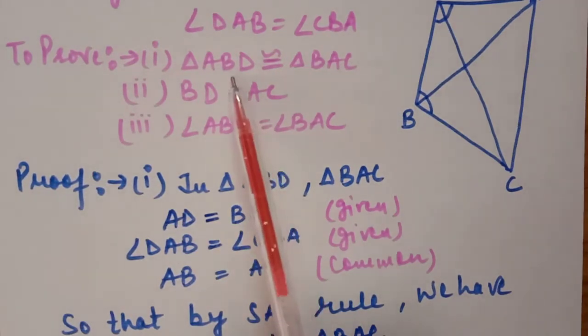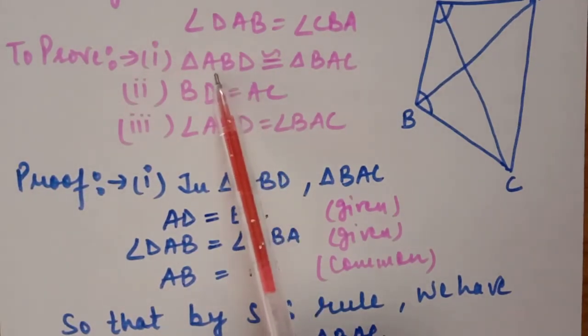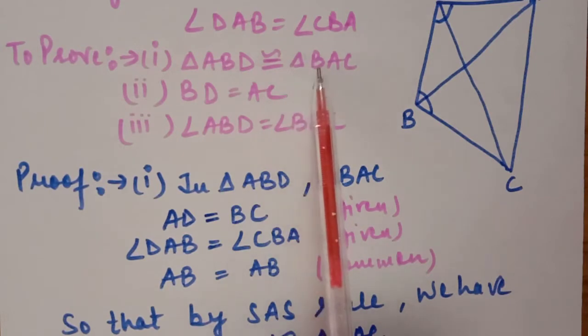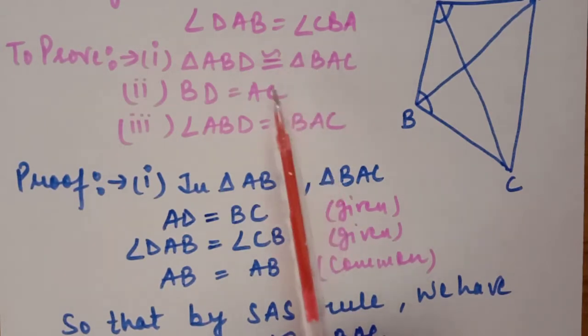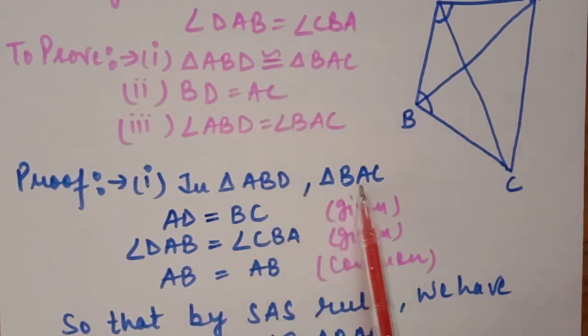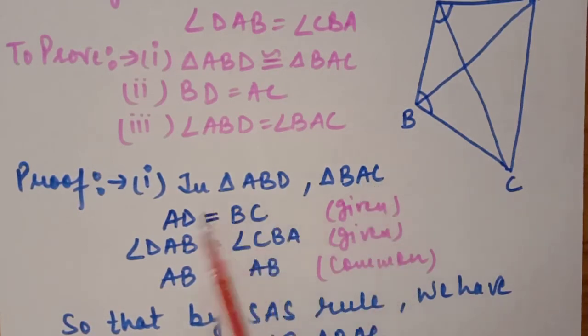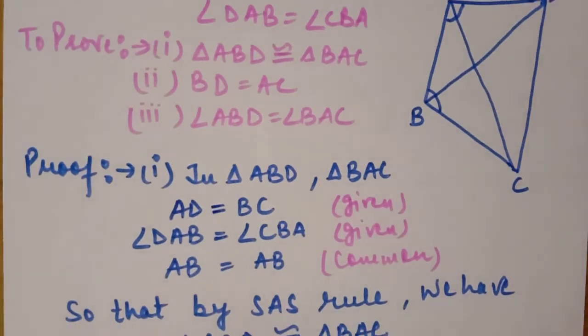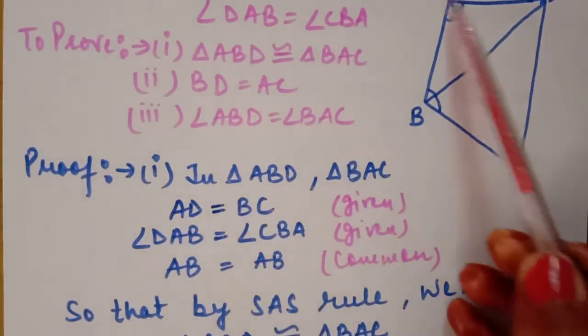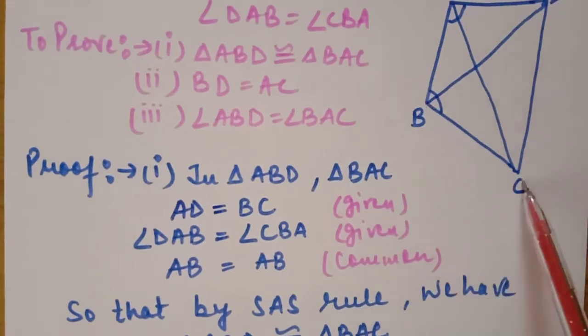In the first part we have to prove triangle ABD and triangle BAC are congruent. So we will take these two triangles. Now for congruency we need three elements again. First, AD is equal to BC.